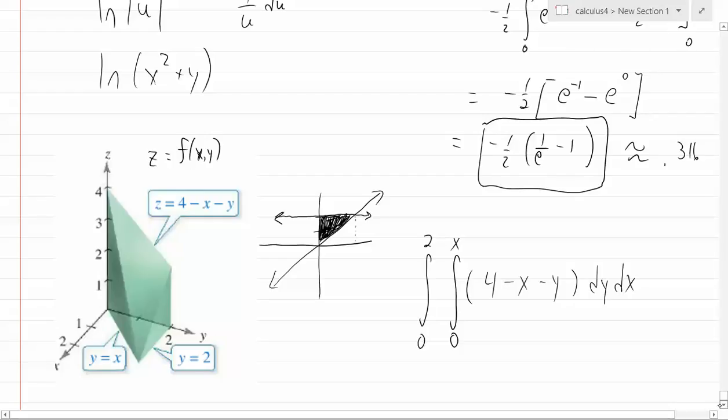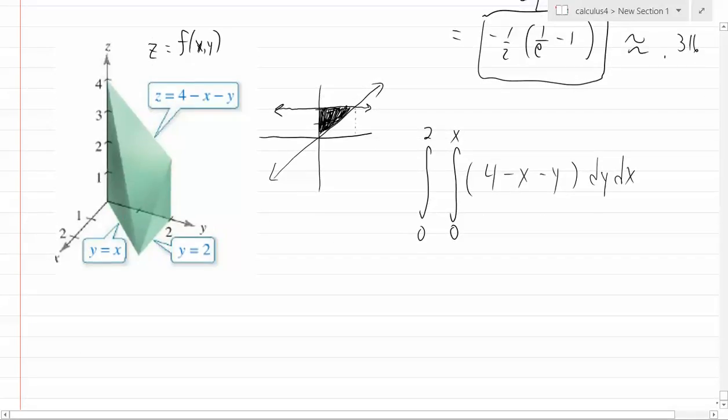So let's see if this works. I'll compare this to my answer. I haven't worked this out this way, but we'll see. So it's going to be 4y minus xy minus y squared over 2. And then we have to evaluate this from where to where? 0 to x.